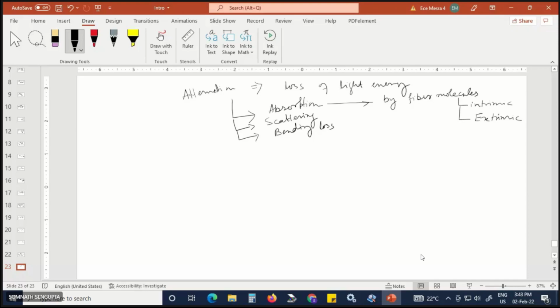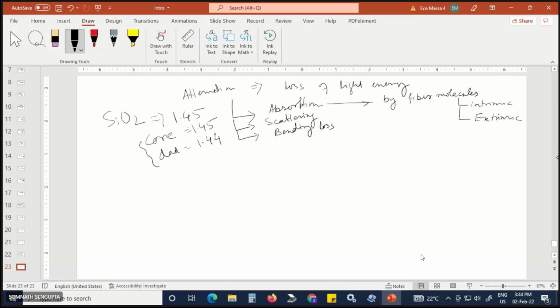This is solid material, say it is a glass. So glass is pure silica, having refractive index say 1.45. So for core, say you have to make it 1.45, and for clad, you have to make it lesser, say 1.44.